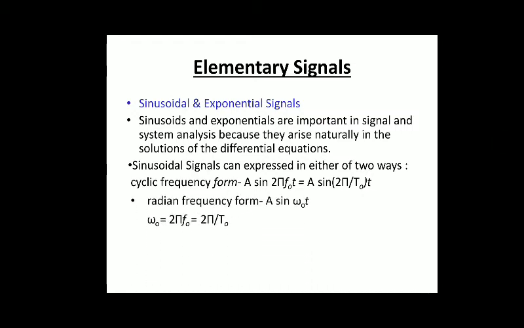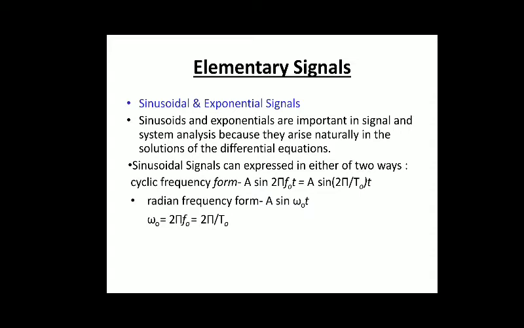The radian frequency form is omega 0 t, where omega 0 is the radian frequency, represented with a unit of radian per second.